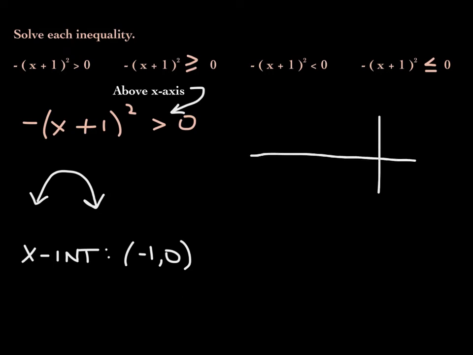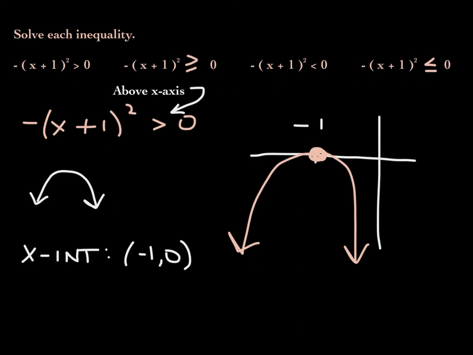A quick sketch. So here's -1 on the x-axis, and my parabola is doing this. There's my parabola. This is the parabola for all of these, right? Because all of these squared expressions are exactly the same on the left-hand side. So this is the picture for whatever inequality you want to consider solving.